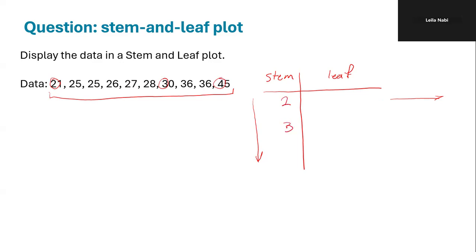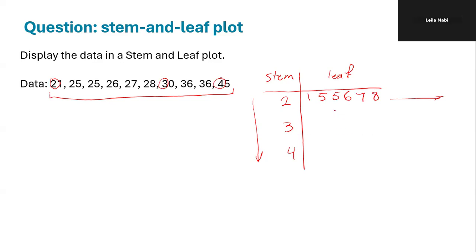So 2, 3, and 4. But for leaf, remember, if there is any repeating, you must repeat it. The last digit of all those numbers starting with 20 must go for leaf, in order. So 1, which is 21, 5 for 25, 5 for another 25, 6 for 26, 7 for 27, and 8 for 28.